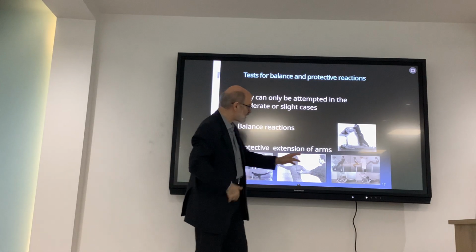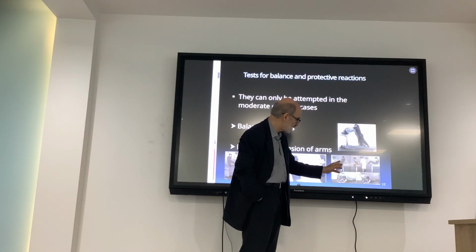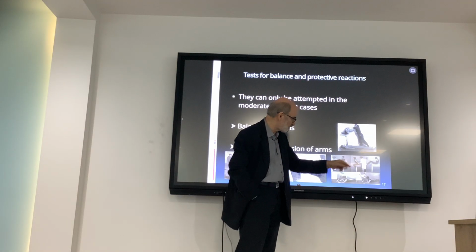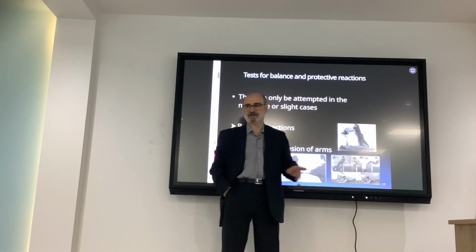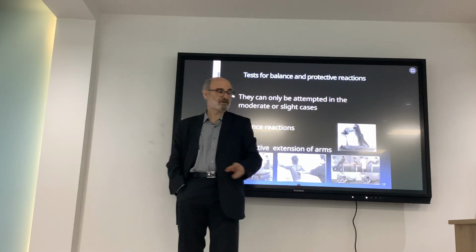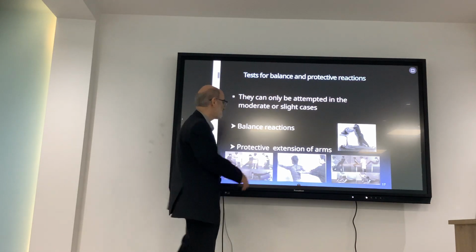Again, what test is he doing here in the sitting position over the edge of the bed? Righting reactions. The therapist is testing righting reaction in this patient with a stroke.